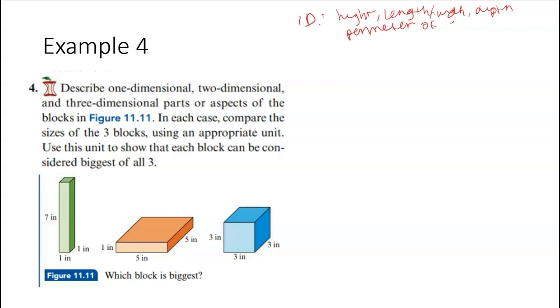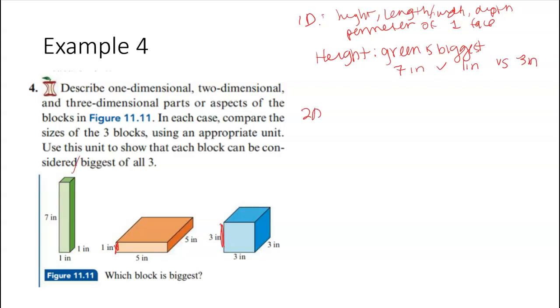And this would be the perimeter of one face, just the length around one face. If we wanted to know how it could be the biggest, let's look at the height, because I can see that green one is really tall. So if we went by height, then the green is the largest, because it is 7 inches versus 1 inch versus 3 inches. So I've shown that one's the biggest.